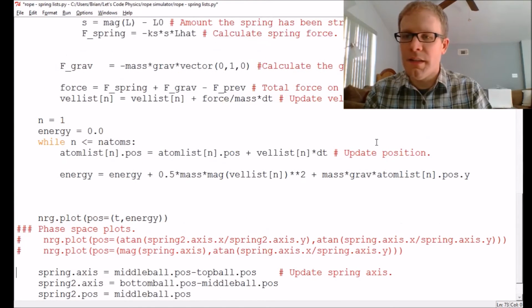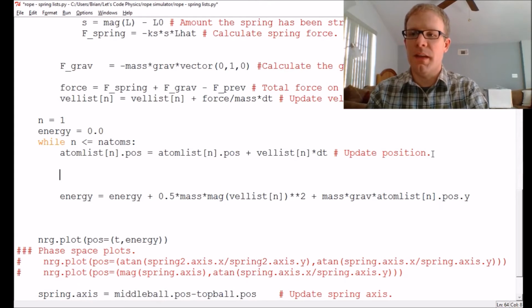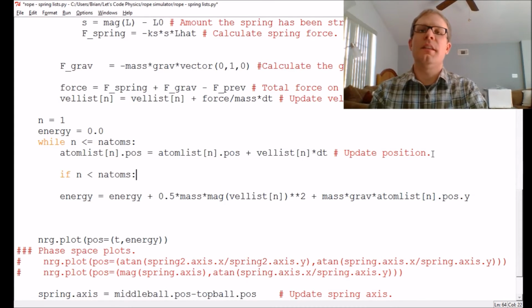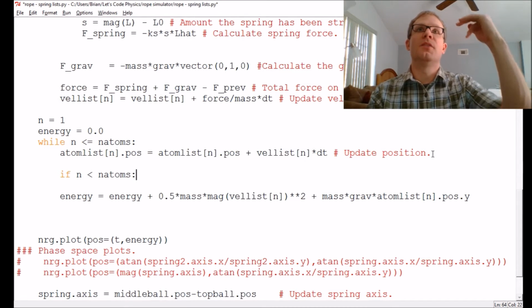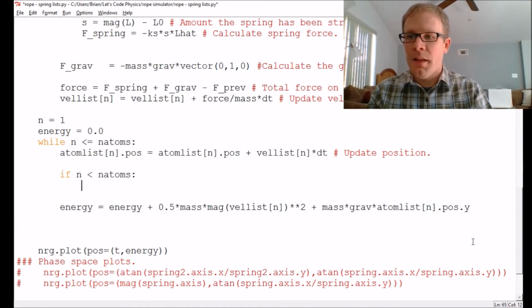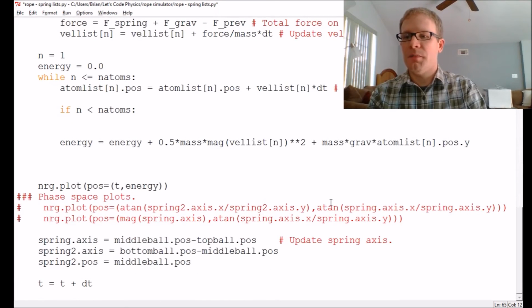So let's see. Tell you what, I think the best way to do that is going to be to put in another if block. So if n is less than the number of atoms, because again there's one fewer springs per atom, then I need to start updating these springs' positions.